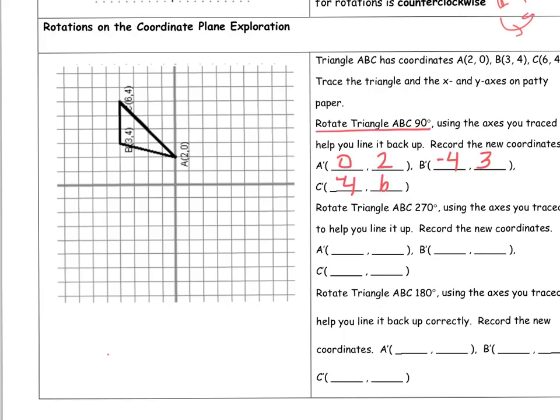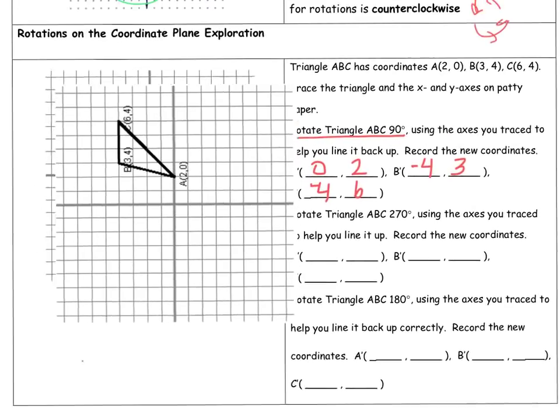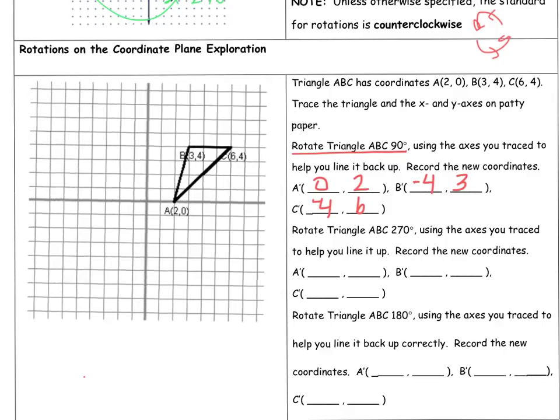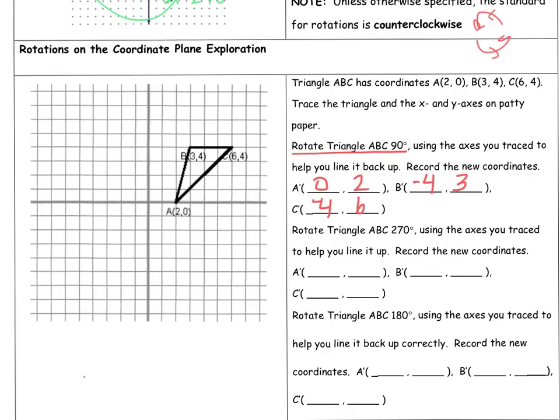So I'm going to go ahead and turn that back to where we started. Okay, and the second one is we want to rotate the triangle 270 degrees using the axis you traced to help you line it up and record the new coordinates. So 270 degrees, if we do 270 divided by 90, that would be 3 turns.